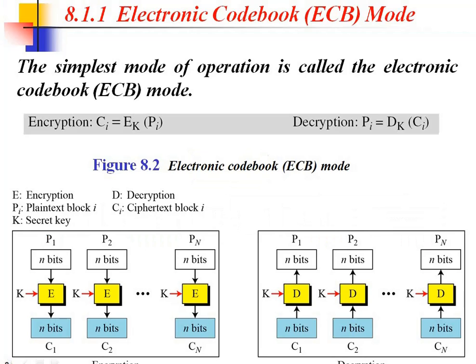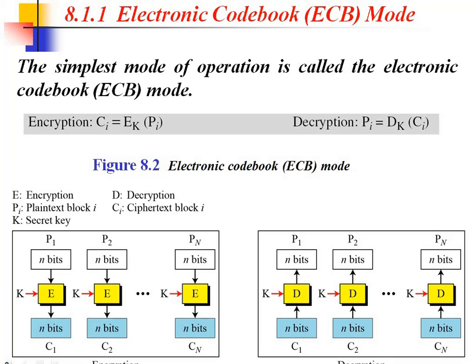This is the simplest mode of operation, in which the plain text is divided into N blocks, and each block consists of n bits. If the plain text is not a multiple of the block size, then the text is padded to make the last block the same size as the other blocks, and the encryption and decryption is done blockwise.